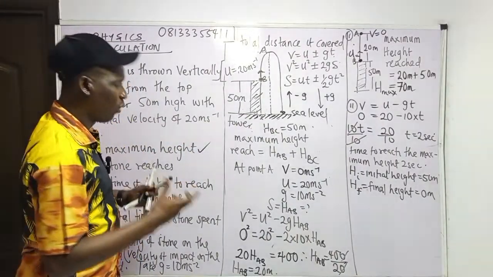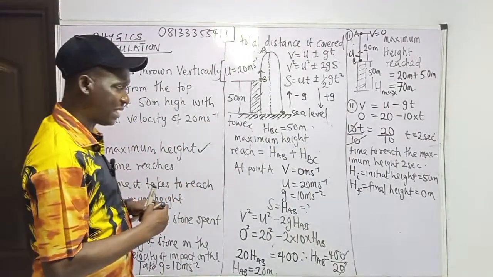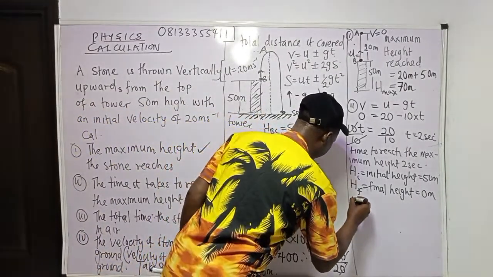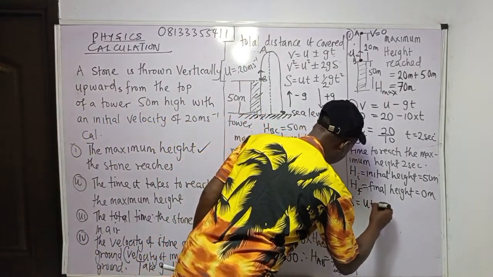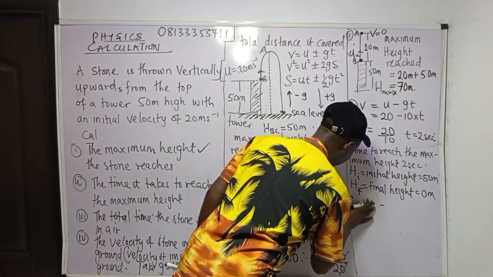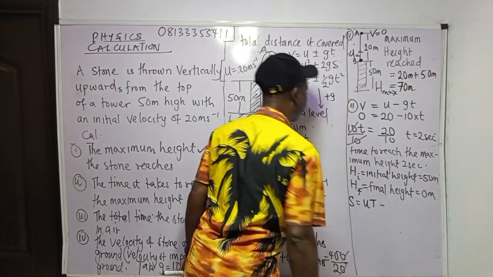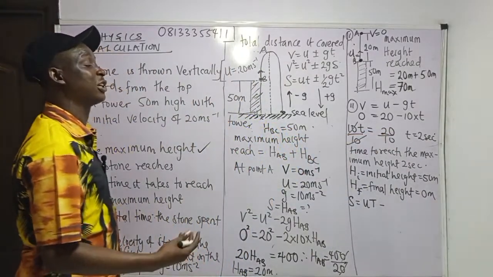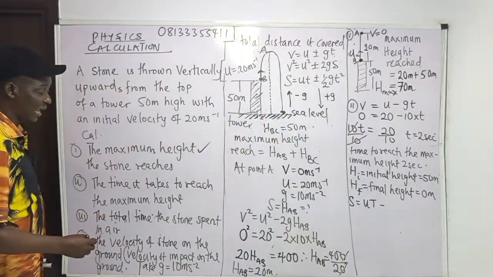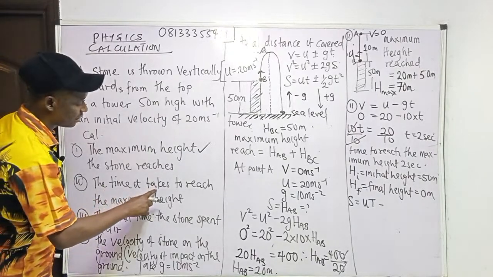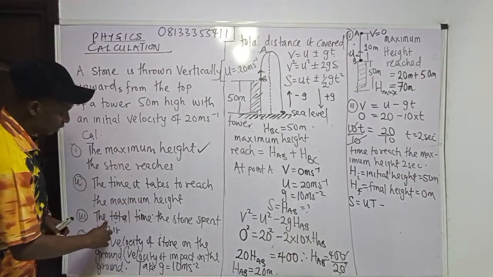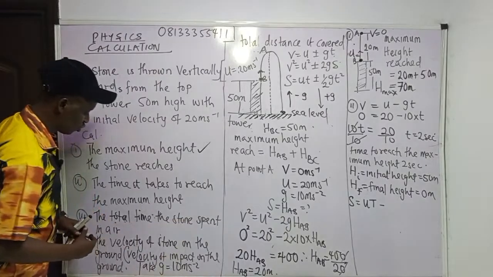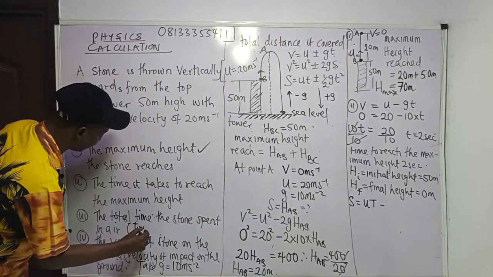Now, how do we calculate the time spent in air? We just use this formula, S equal to UT minus half GT squared. Let's use capital letter T to differentiate it from this one. The time spent in air is actually called total time of flight. The total time the stone spent in air is what we call the time of flight.